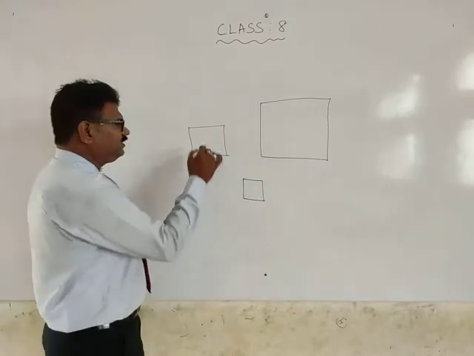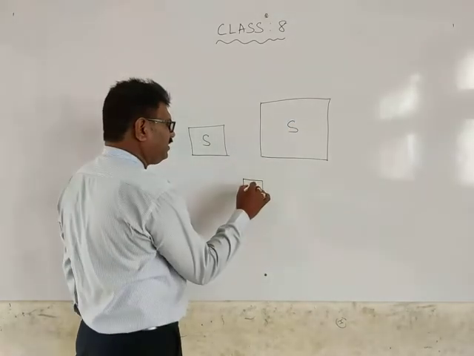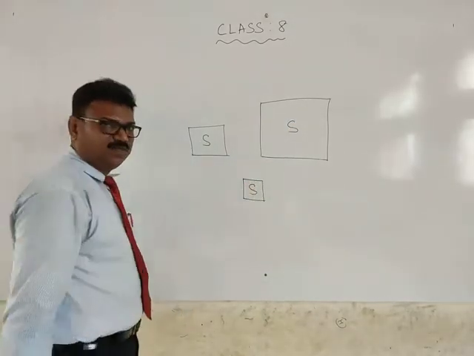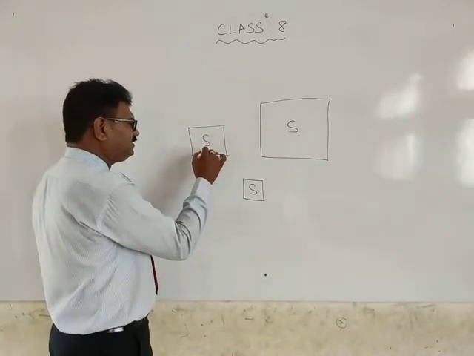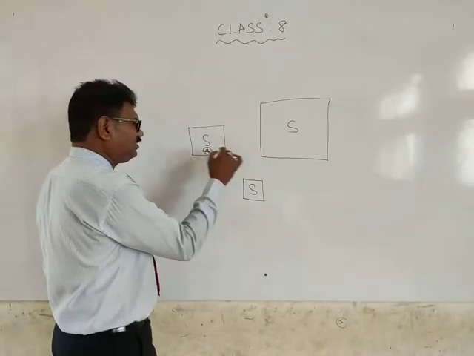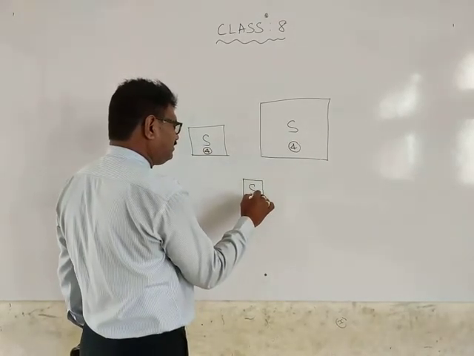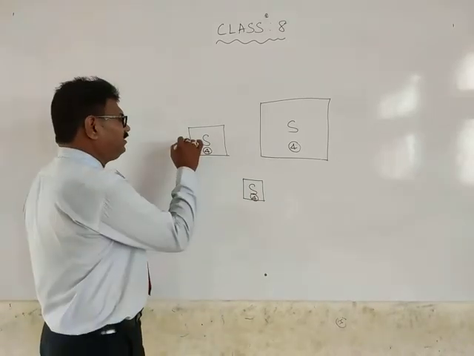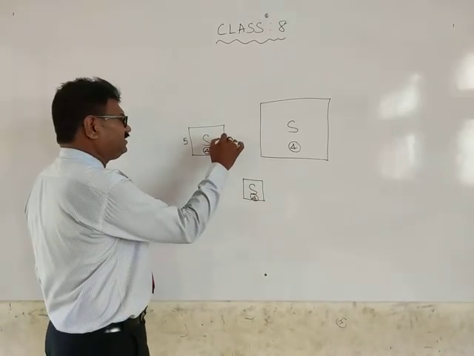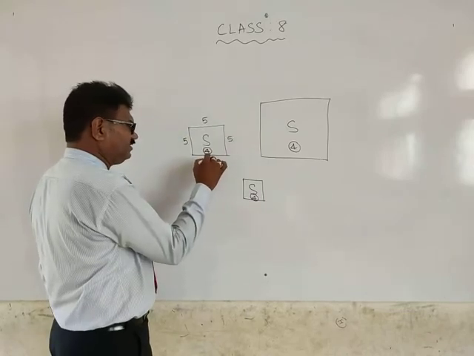If you see, this is a square, this is also a square, and this is also a square. How many sides does it contain? Yes, 4 sides. See the measurements: 5 centimeters, 5 centimeters, 5 centimeters, 5 centimeters.